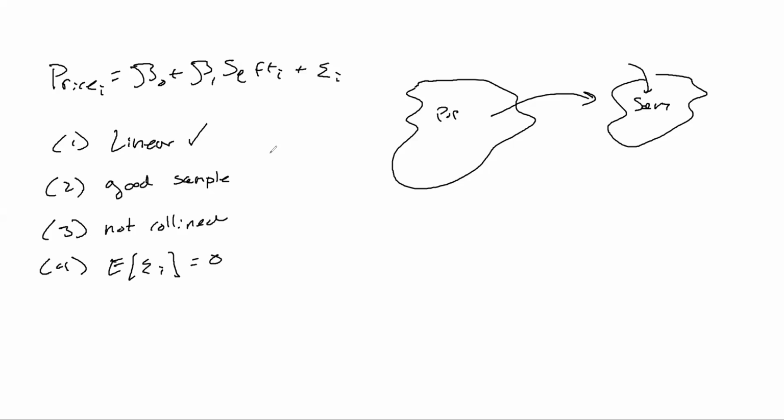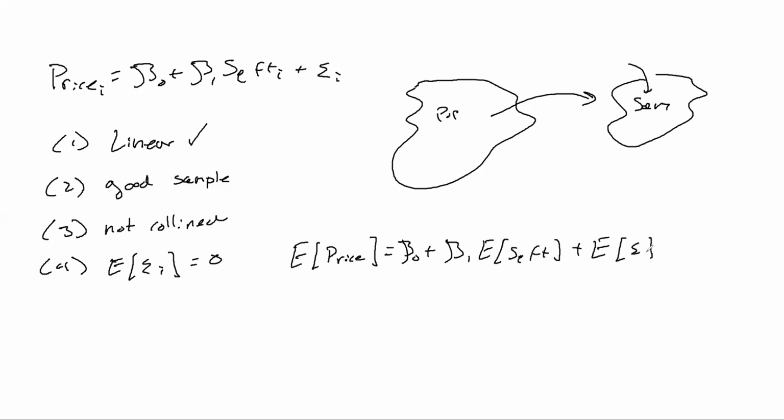If we took the expected value of price, that would be the expected value of a constant, beta 0, plus beta 1 times the expected value of square feet, plus the expected value of your error term. The expected value, or the mean, of the error term has to be 0.